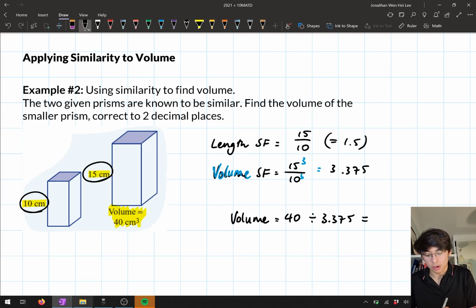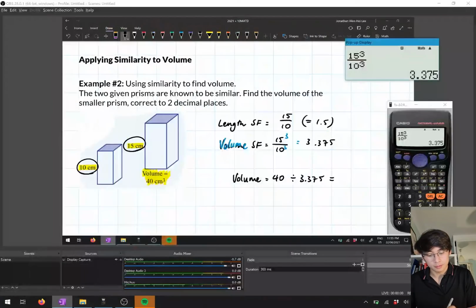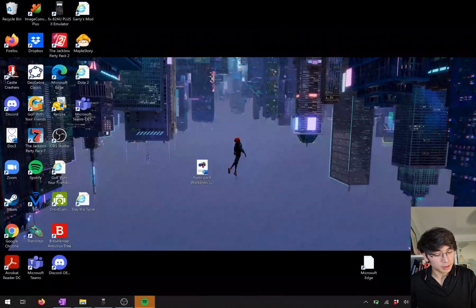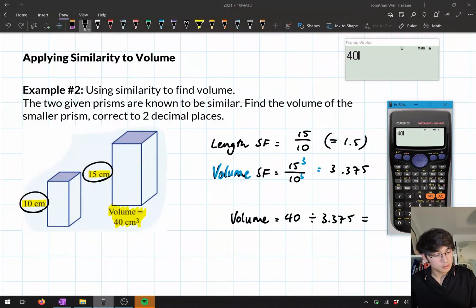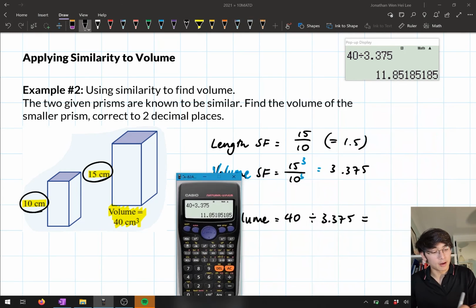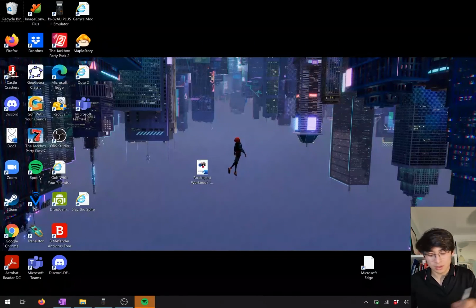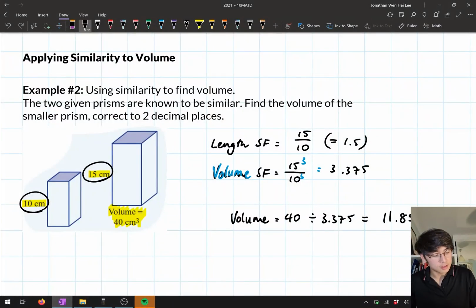So 40 divided by 3.375, we end up getting this number. I want this to 2 decimal places, so 11.85, and the measurement was in centimeters cubed, so I'm going to have cm cubed.